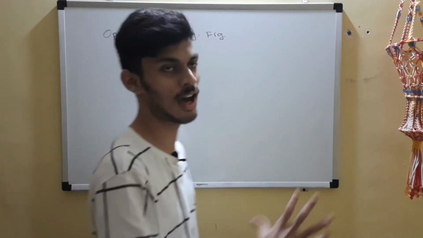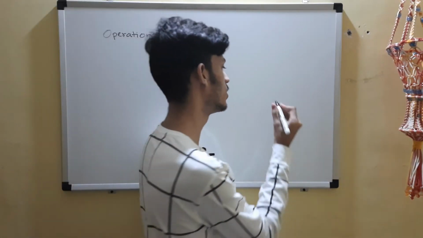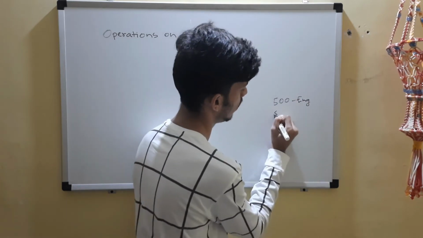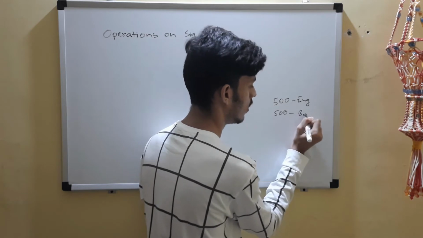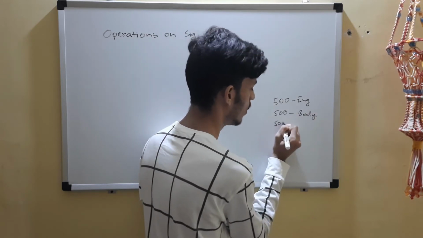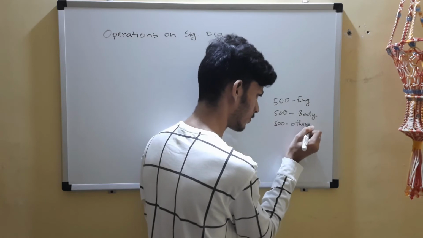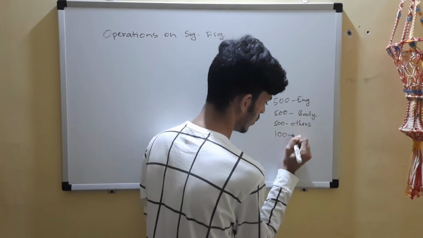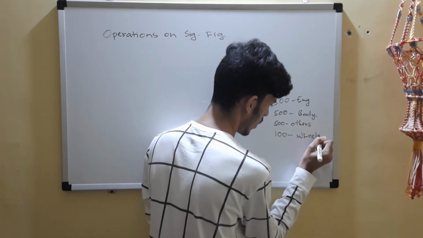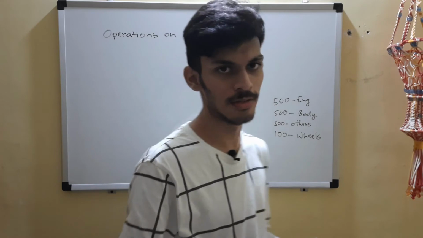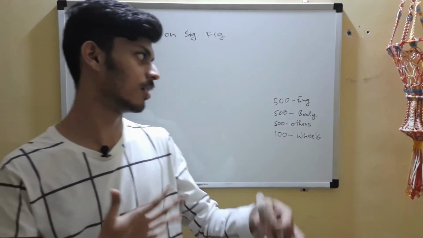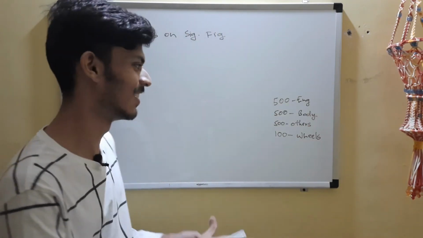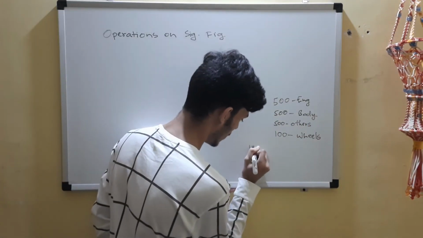Suppose there is a car factory. It produces, suppose, 500 engines per day. We have 500 body parts, like the outer body. 500 other parts required for the car, but it produces only 100 wheels within a day. So my question to you is, what is the number of cars produced in a day? Significant figures, yes. Okay, but let's come to this.